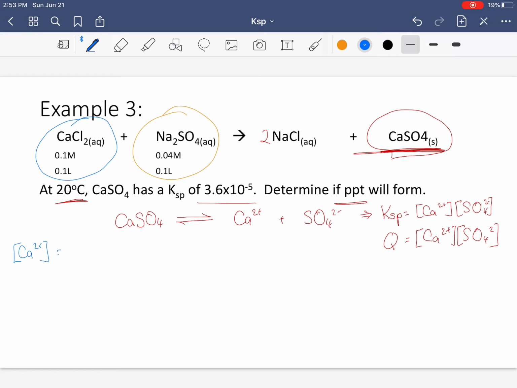Now that's pretty simple. We know that 0.1 mole of calcium chloride is in a volume of 0.1 liters. This and this cancel. This has 0.01 mole of calcium chloride.